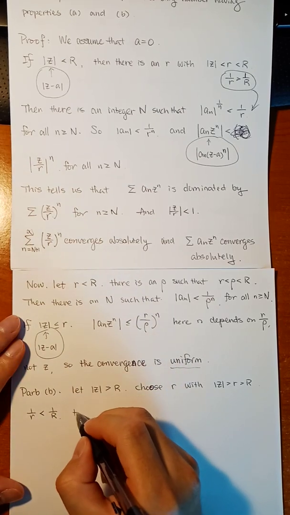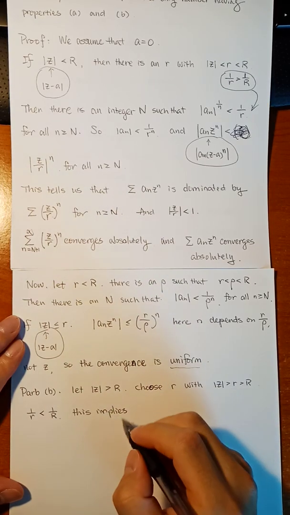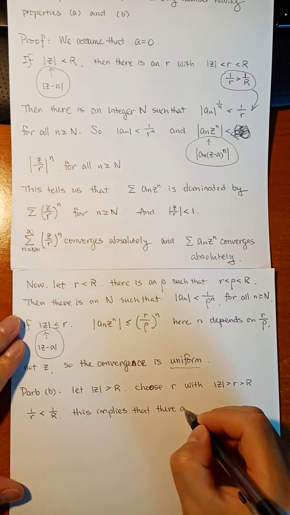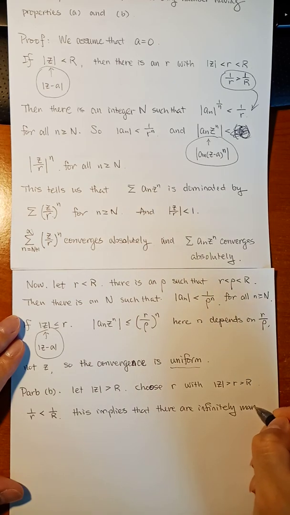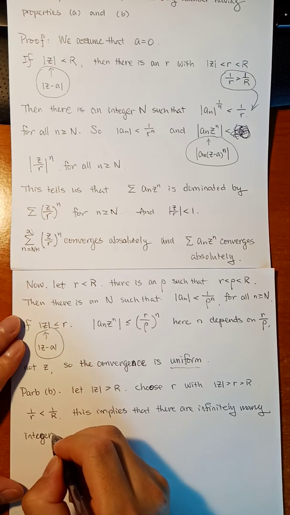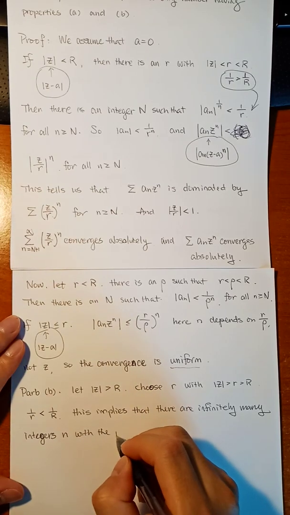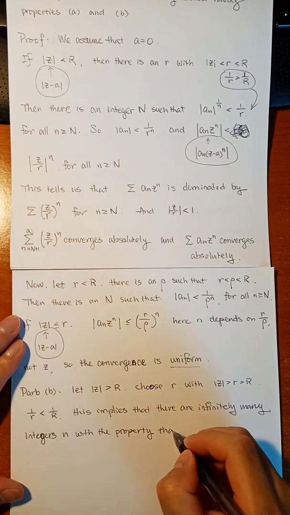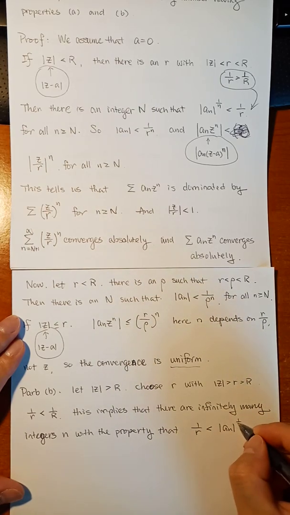And this implies that there are infinitely many integers n with the property that fails the condition.